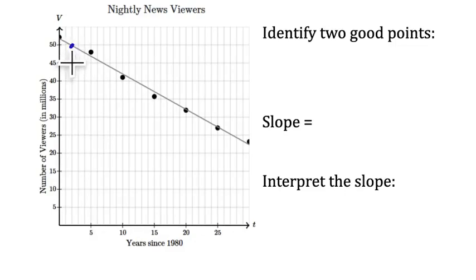Here's a nice clear point at (2, 50), and here's another one at (7, 45). I could have picked any 2 points on the line, but these two were particularly easy to identify precisely. So let's use these 2 points to calculate the slope.